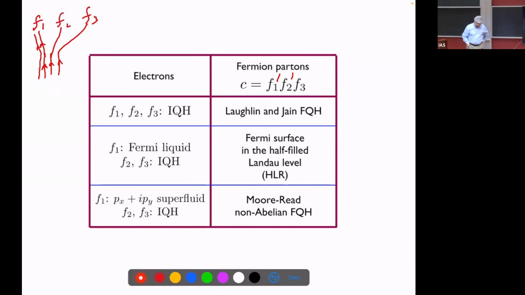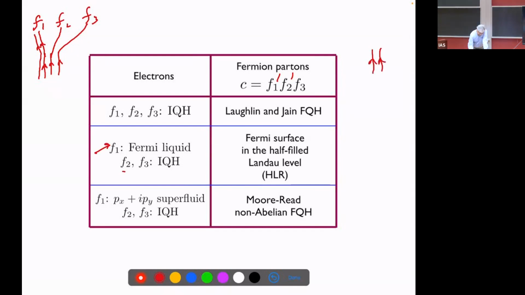All right, so there are now some other states you can get by this approach. You could imagine that one of the partons is effectively in 0 magnetic field, this one, so that will form a Fermi surface, and the other partons, where there's a magnetic field, form an integer quantum Hall state. So in this case, the filling fraction is 1/2.